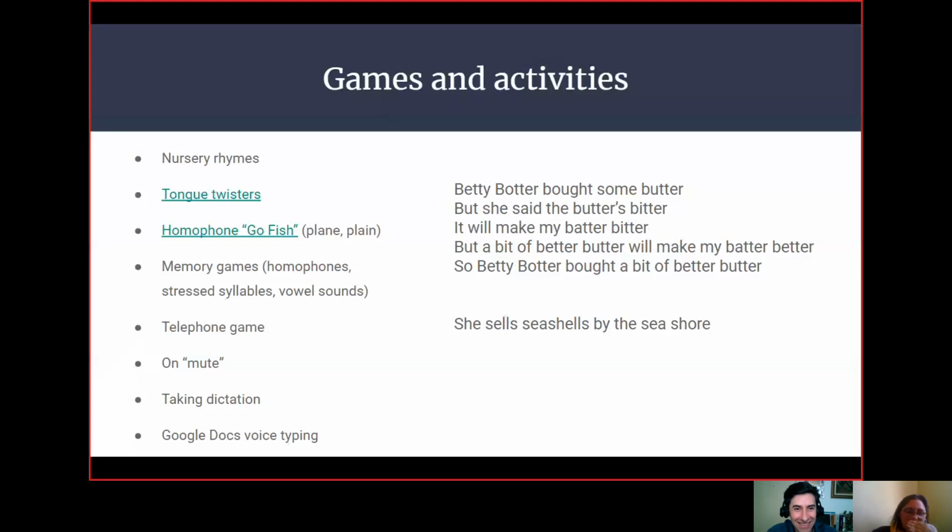And the last three here are good for more adult students and also for teaching online.